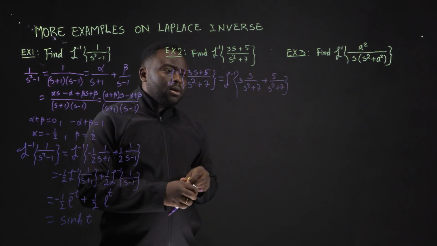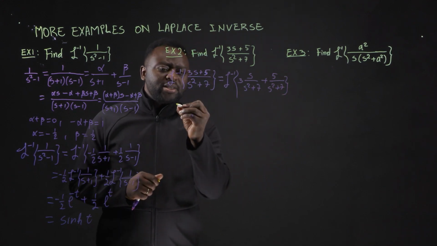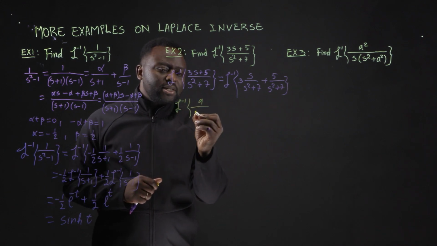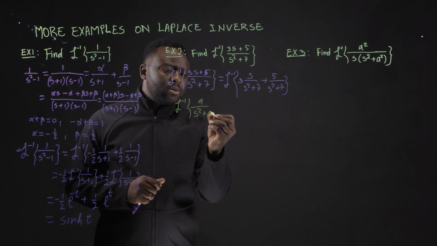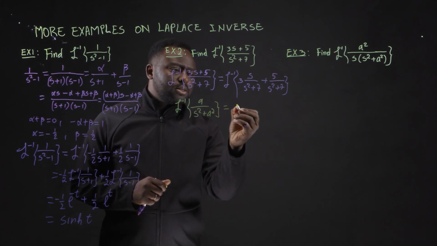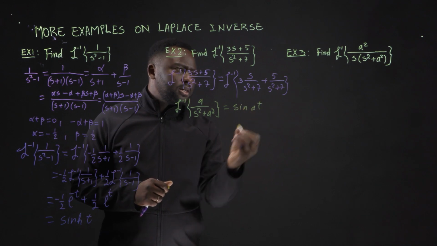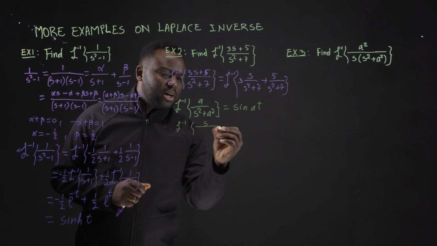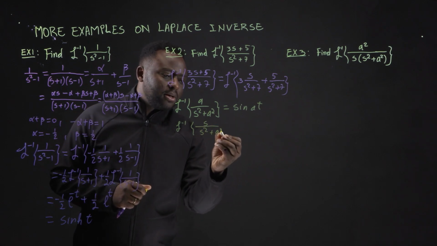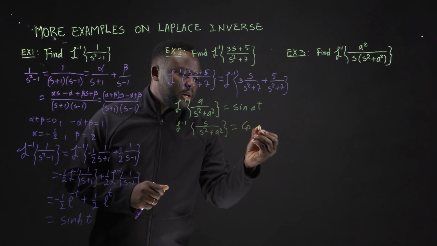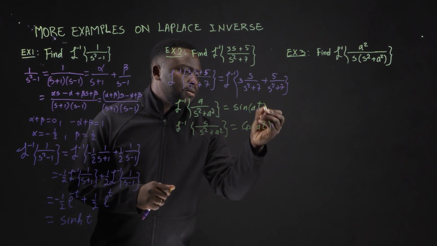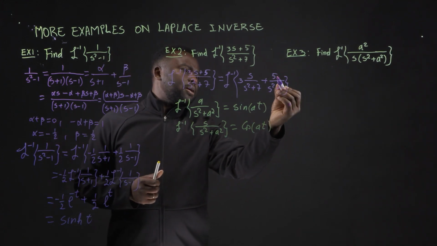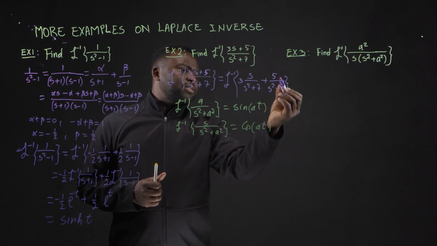All right, at this stage, remember that we know the Laplace inverse of a over s squared plus a squared is sine of at, and the Laplace inverse of s over s squared plus a squared is cos at. Knowing this, and here we have 7 and 5, I want to have the same denominator.